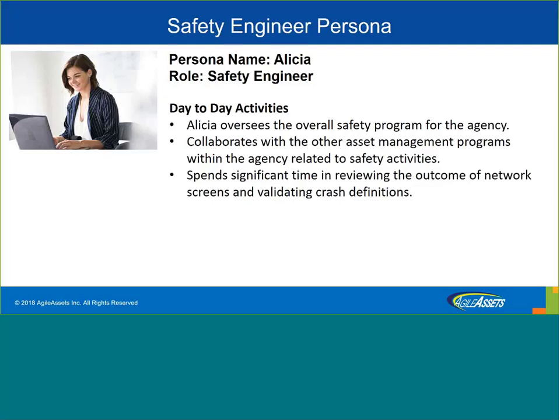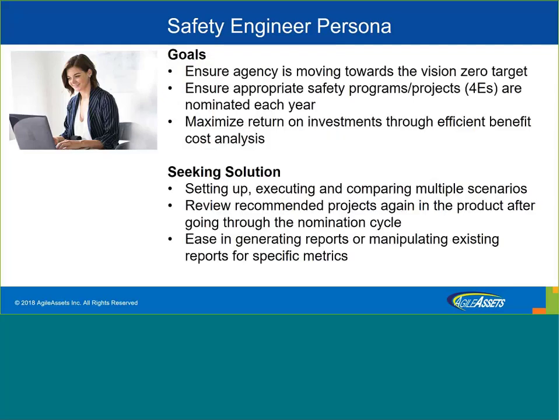When you look at the persona, we also identify the goals and the solutions this role is seeking. The goal of this persona is to ensure that the agency is moving towards the Vision Zero target, and also to ensure that the appropriate safety programs and projects are nominated each year.